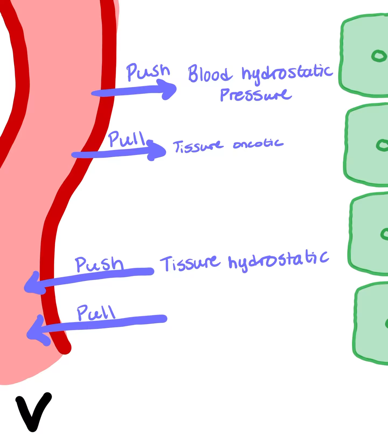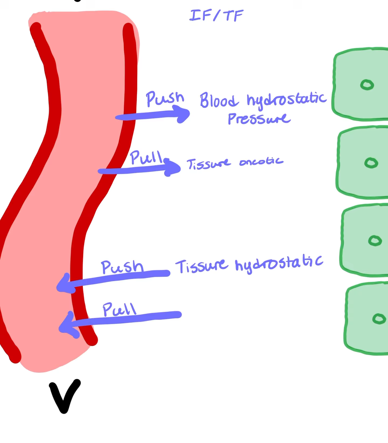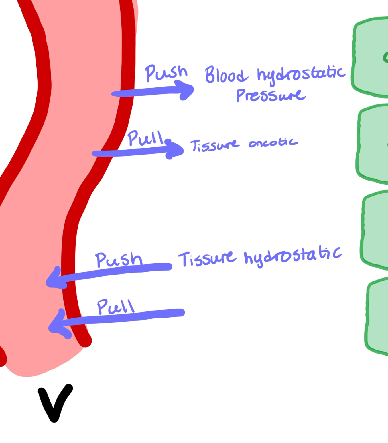Well, anytime it's oncotic, we're talking about the proteins. We're talking about that water follows solutes, therefore it's going to be that pulling method. So that pushing method is not as strong as the pull method on the venous side, but pulling is going to be that blood oncotic pressure.